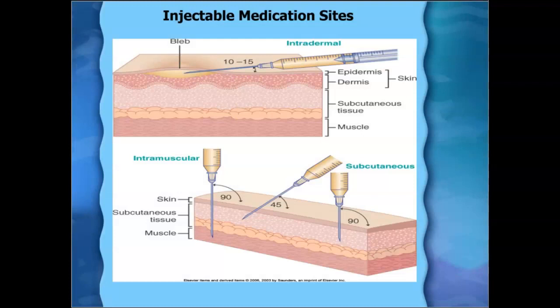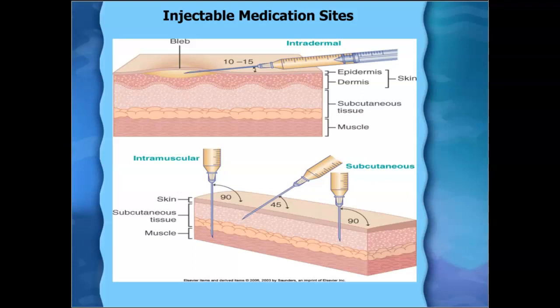Okay, so when we're doing intradermal, right, we're doing blebs. We're putting it right under the epidermis and right on top of the dermis, right? And we're getting in there so that we can do that 10 to 15 degree angle and get that good bleb in there, right? And again, we're doing these types for TB tests, or allergy testing is typically intradermal.